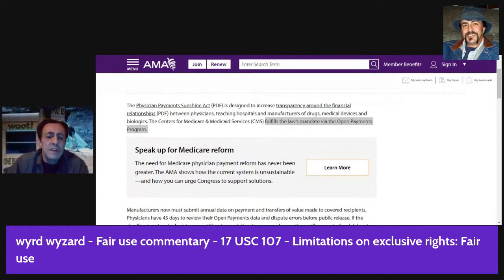Sunshine laws require specific businesses and government agencies to maintain transparency and disclose their activities to the public, meaning private businesses and government agencies. The language expresses it.